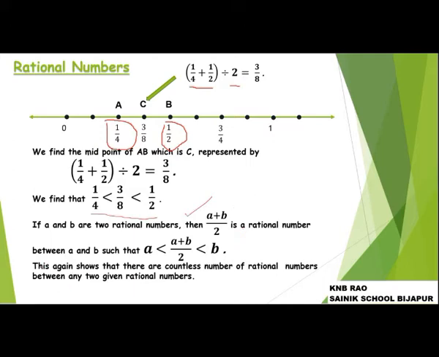So what does it show? It shows that there are countless rational numbers between any two given rational numbers. Since we are finding the mean between any two rational numbers one by one, we can keep inserting.